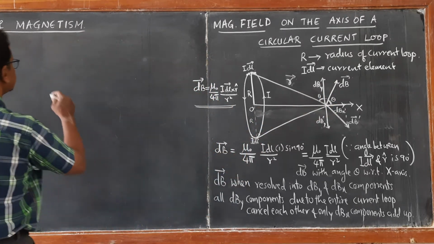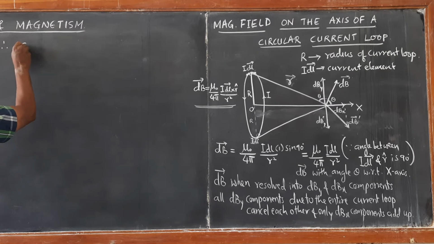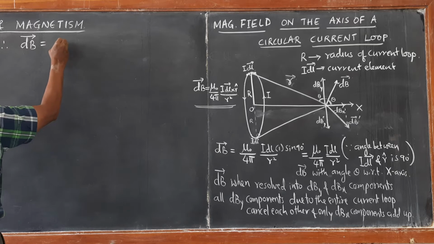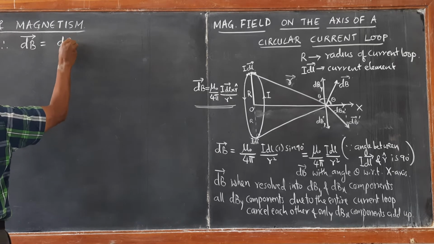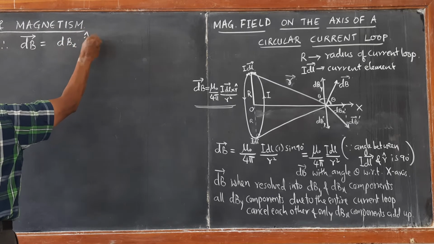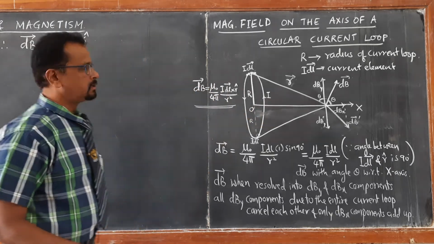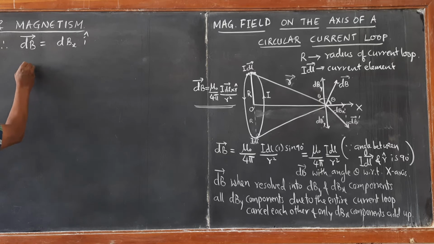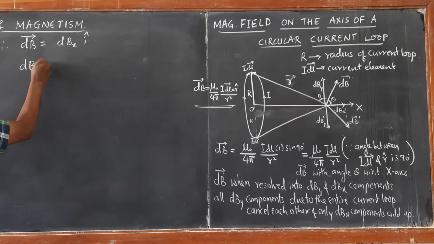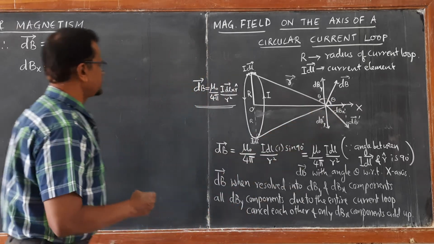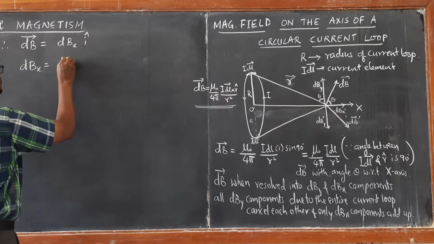Therefore, I can write the entire magnetic field equal to the sum of dBx I cap, because of adding up of all these magnetic components. What is dBx? From the diagram, you can see it is nothing but dB cos theta.